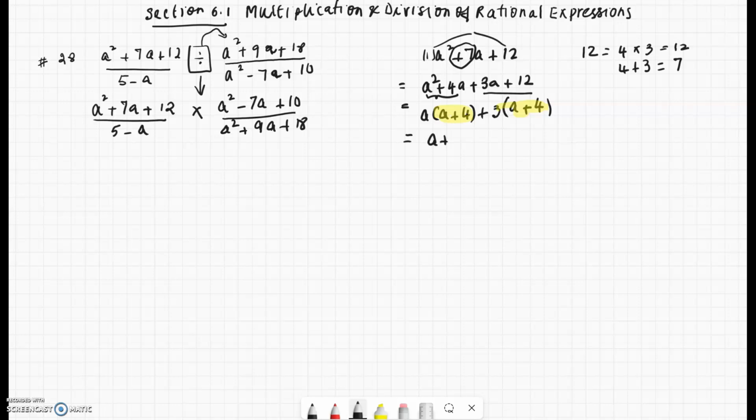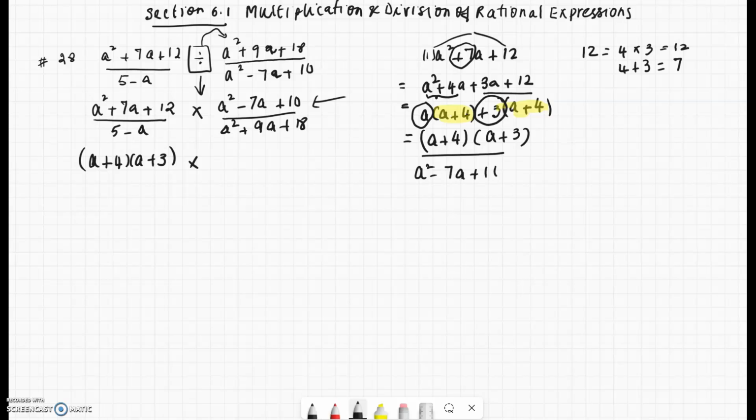We factor that out and we are left with a plus 3. So it's times a plus 3. So we factored this expression, that's a plus 4 times a plus 3, times, next we're going to factor this expression, a squared minus 7a plus 10.